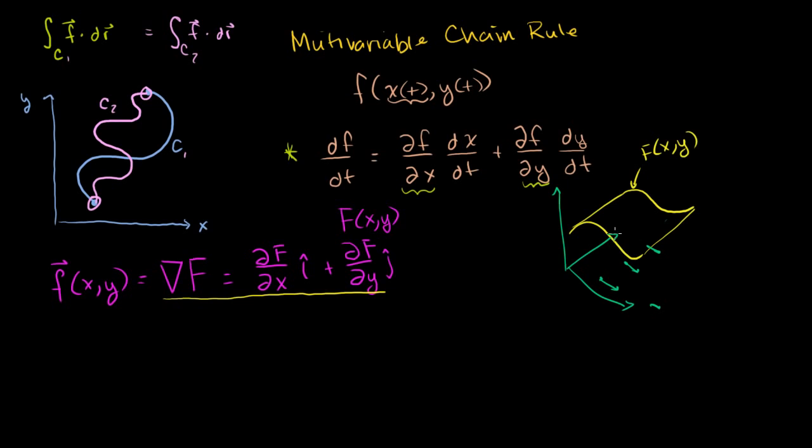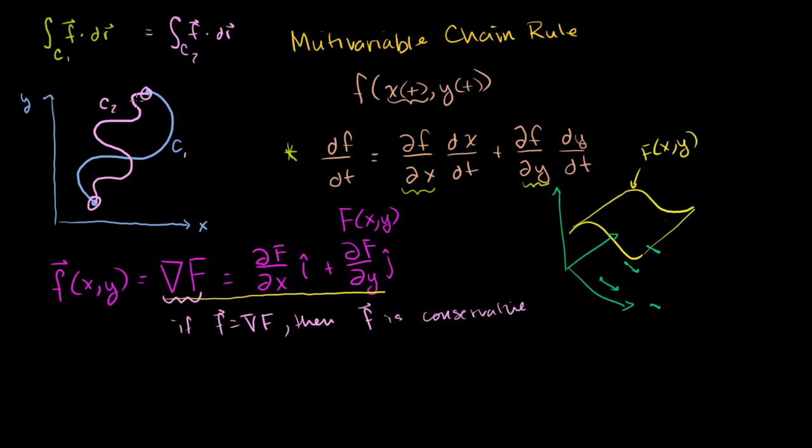The point of this is to get a test to see whether a vector field is path independent, whether it's conservative. And it turns out that if f is the gradient of some scalar field, then f is conservative.